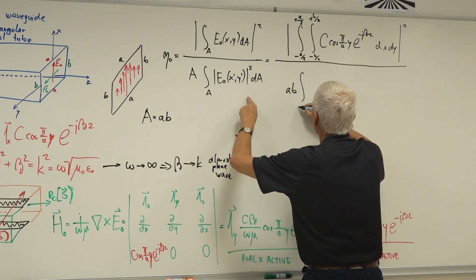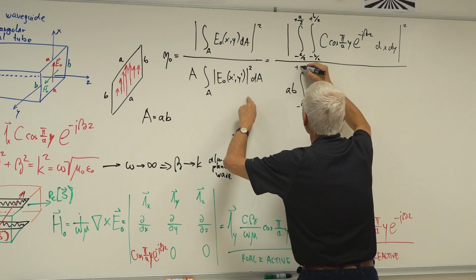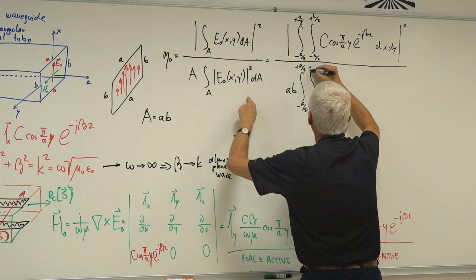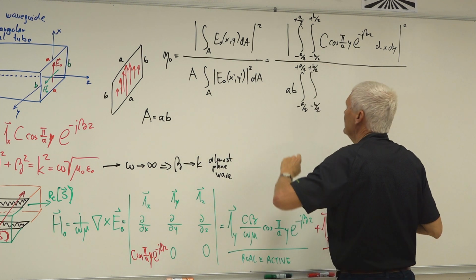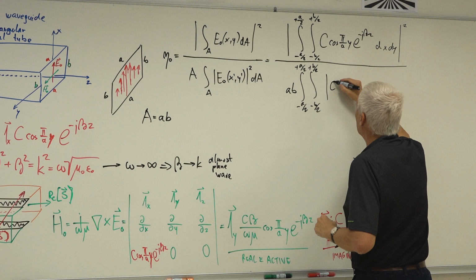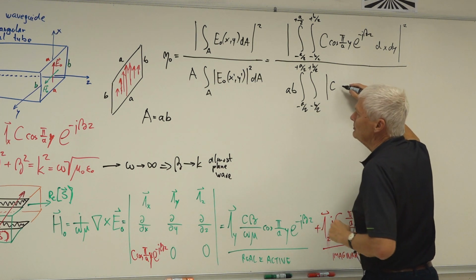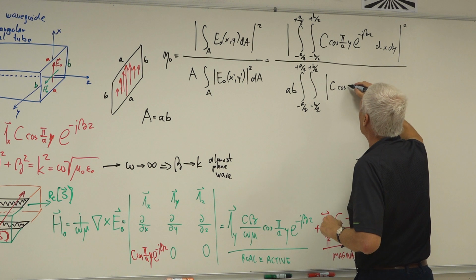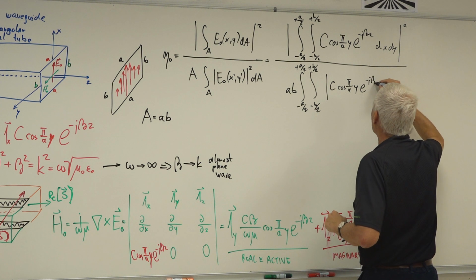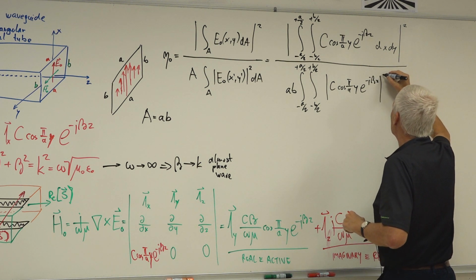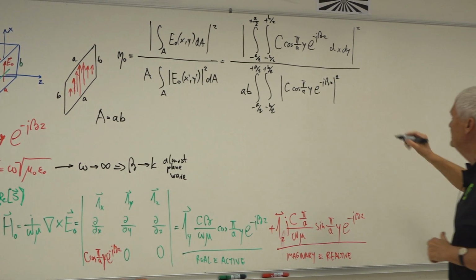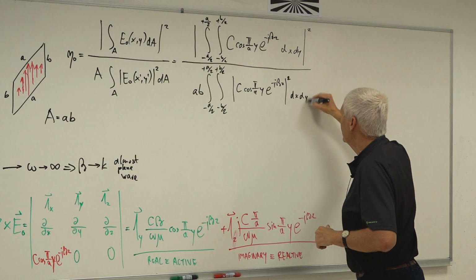I have the integral again from minus a half to plus a half, from minus b half to plus b half, and I have the absolute value of C multiplied by cosine of pi over a y, e to the minus j beta z, squared. So I could take dx dy.